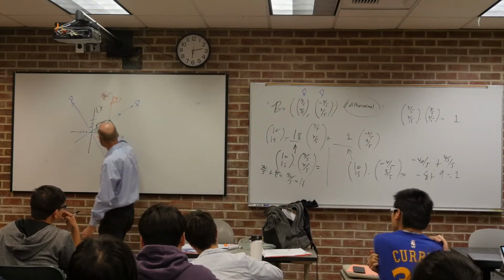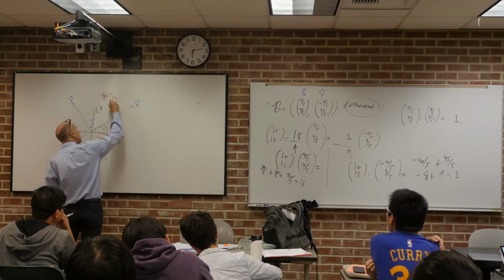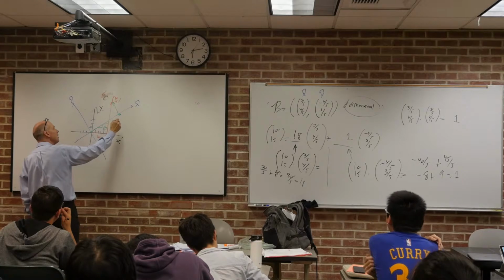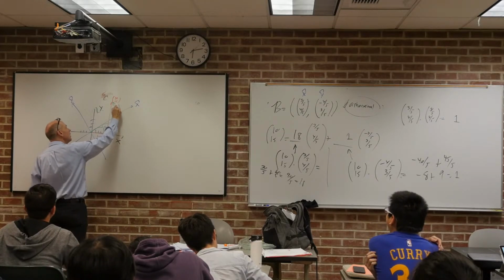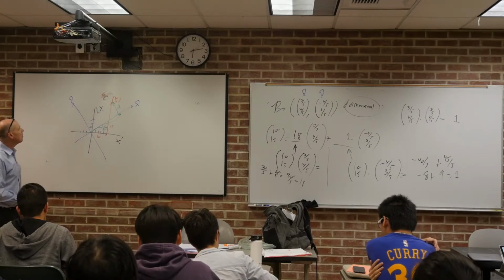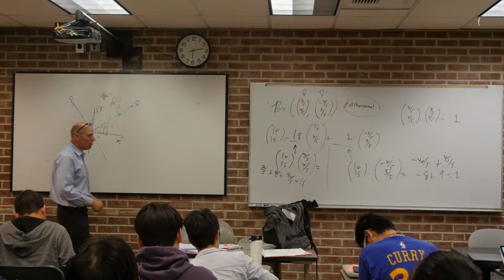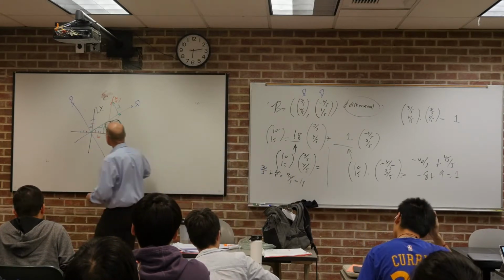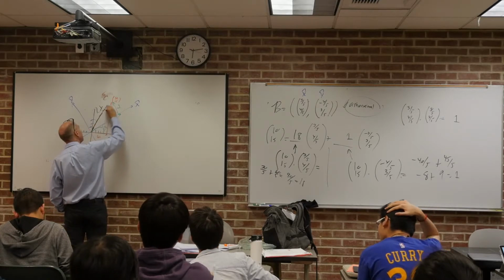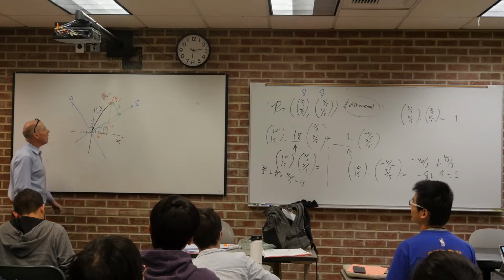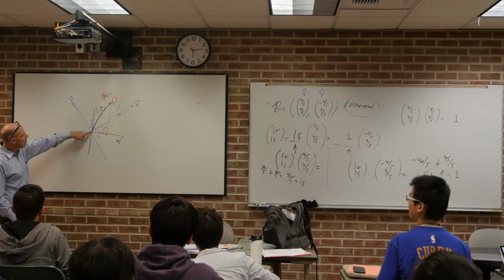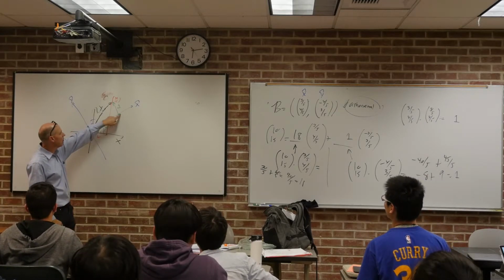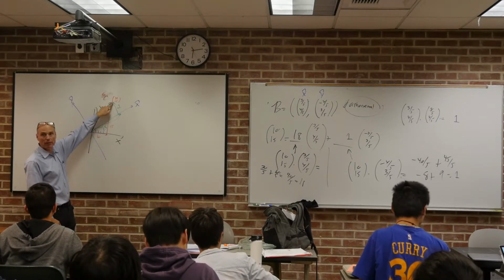So 18 along the x hat. And then how far along the y hat? So it's the actual vector. This picture is getting a little crowded. You can see the actual vector is like this, and the new coordinates are how far along x hat and how far along y hat.